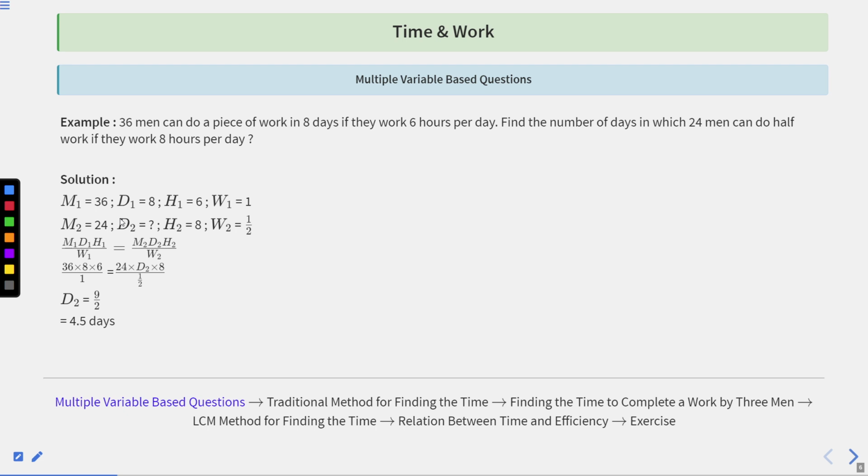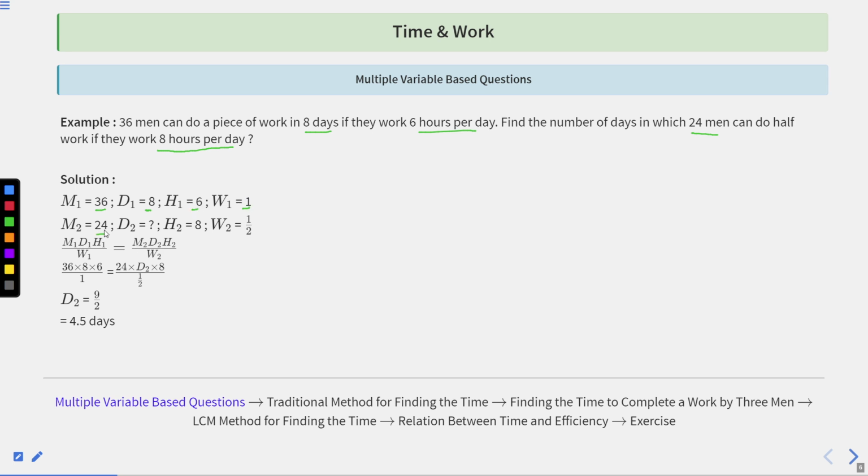Another example: 36 men can do a piece of work in 8 days if they work 6 hours per day. Find the number of days in which 24 men can do half the work if they work 8 hours per day. So the information given is M1 equal to 36, D1 equal to 8, H1 equals 6 and work is 1.